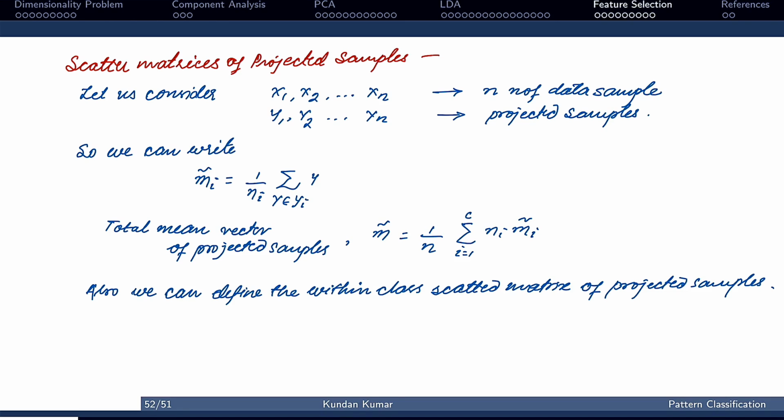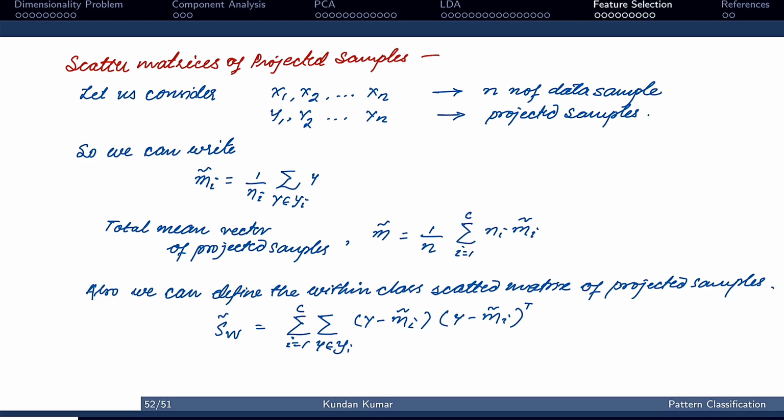Okay. So SW tilde equal to, so we can write like this, okay.